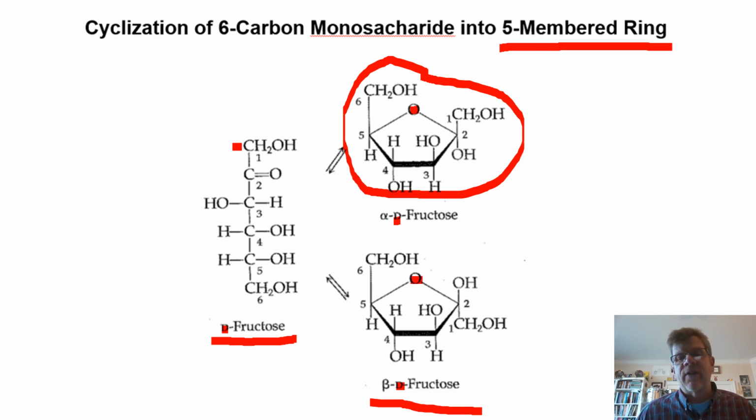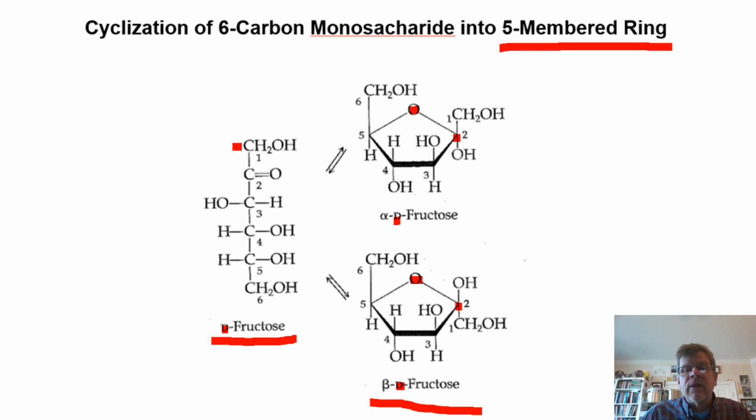If you look at the structure down there, that ring oxygen is always going to be right at the top on a 5-membered Haworth projection. As before, always that anomeric carbon is going to be over the furthest carbon over to the right on the molecule. And we then have just to look at the disposition of the hydroxyl on each of these.